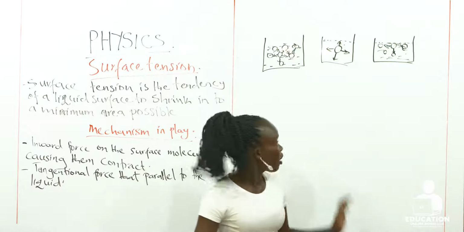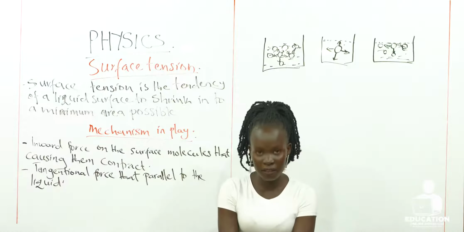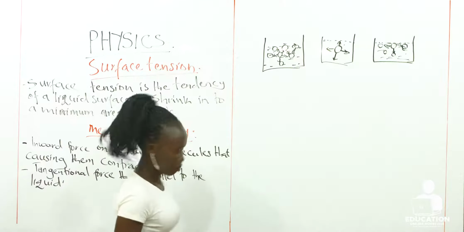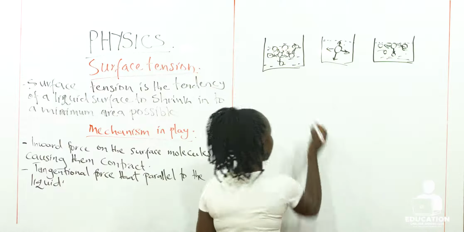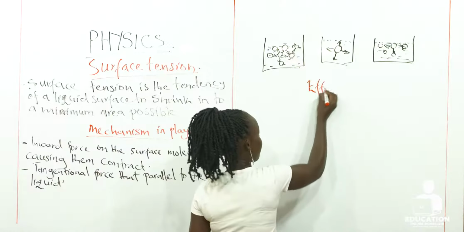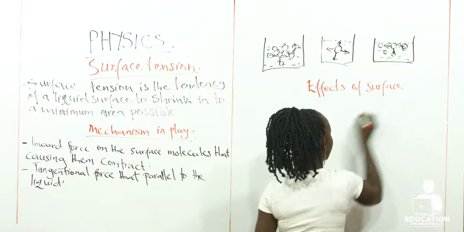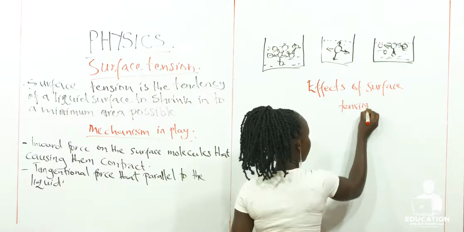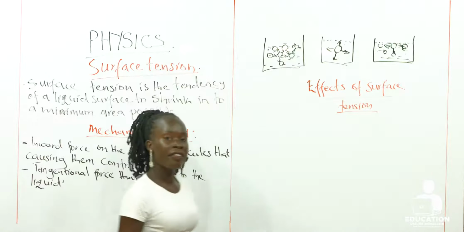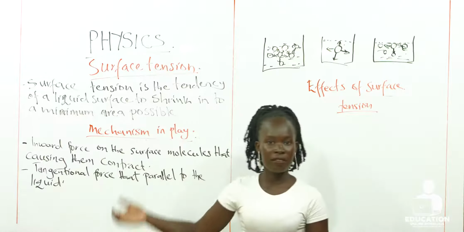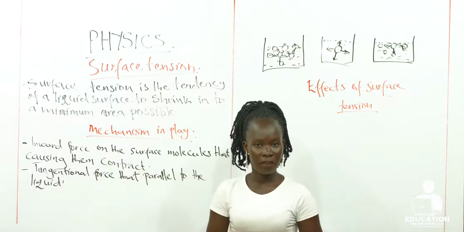If this is how it behaves, let's look at some effects of surface tension. If the surface of the liquid behaves in this elastic manner, what other effects can it have?